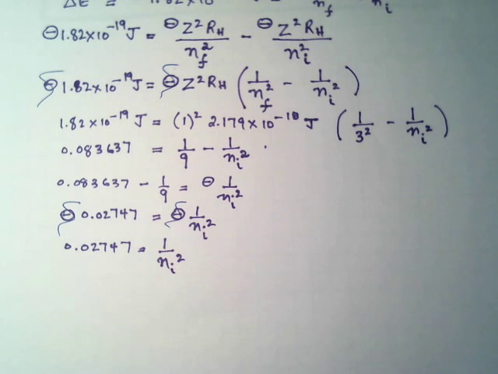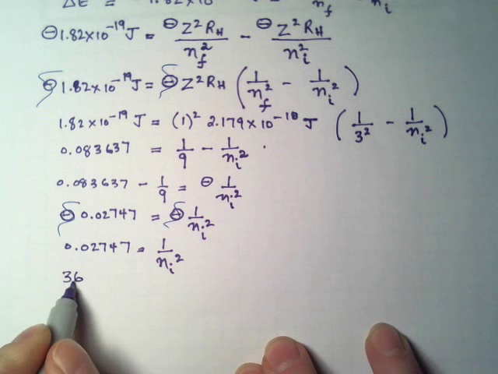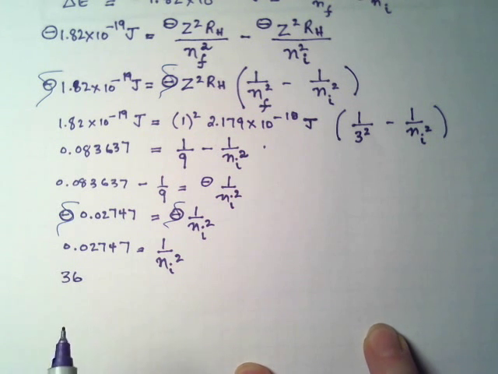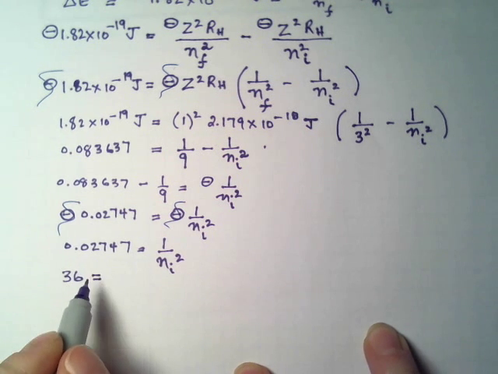You might have a reciprocal button on your calculator, but it's 1 divided by 0.02747. So that is 36.40. There's no point in carrying those decimal places. You can if you want. You'll see why in a moment.